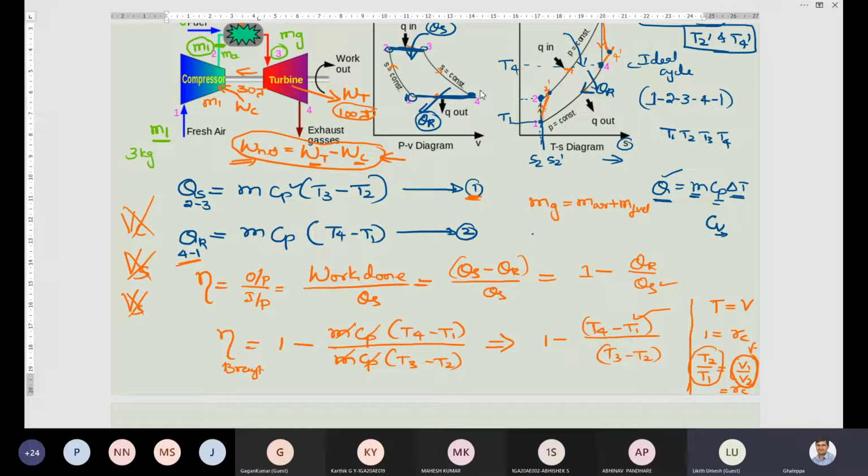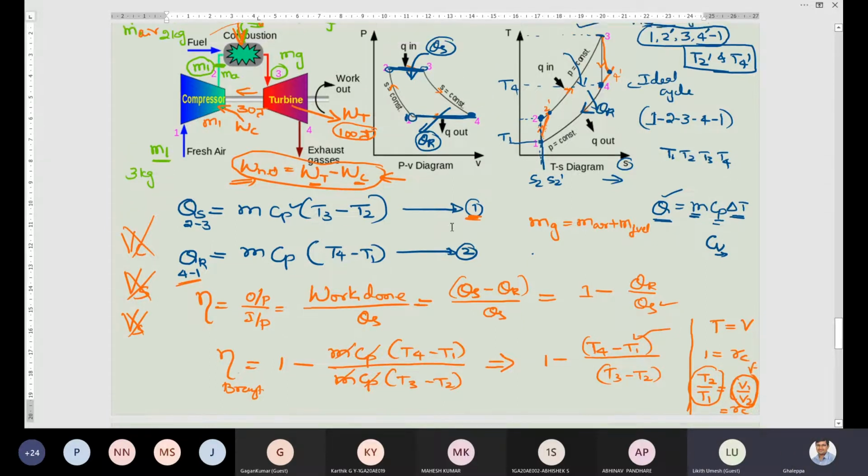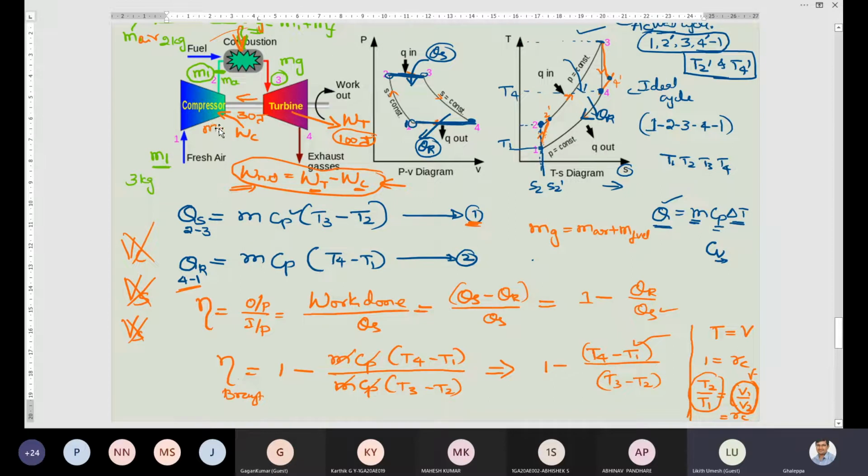So don't write that the Brayton cycle is in terms of compression ratio. It's not like that because it is not a piston cylinder arrangement. Each and every process is undergoing in different components. But in the air standard cycles, diesel cycle, petrol cycle, dual cycle, all four processes were carried out in a single component, that is the piston cylinder.